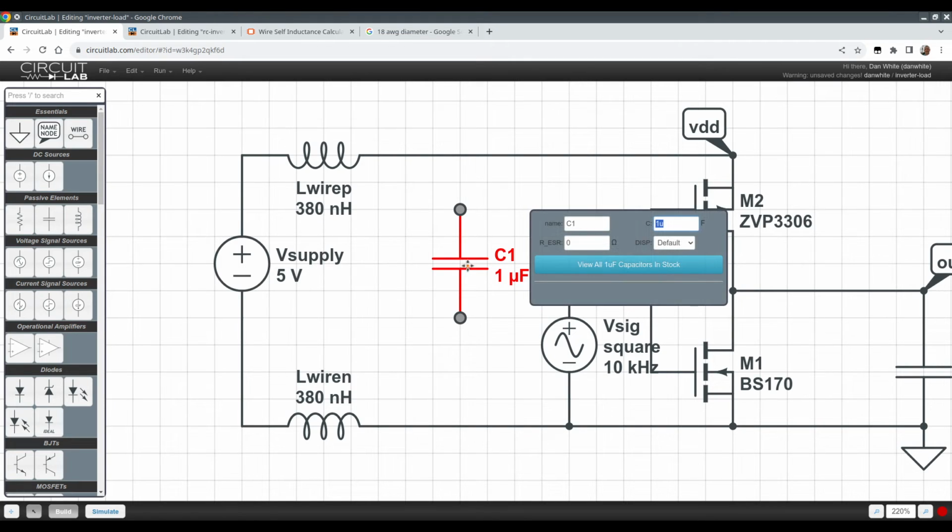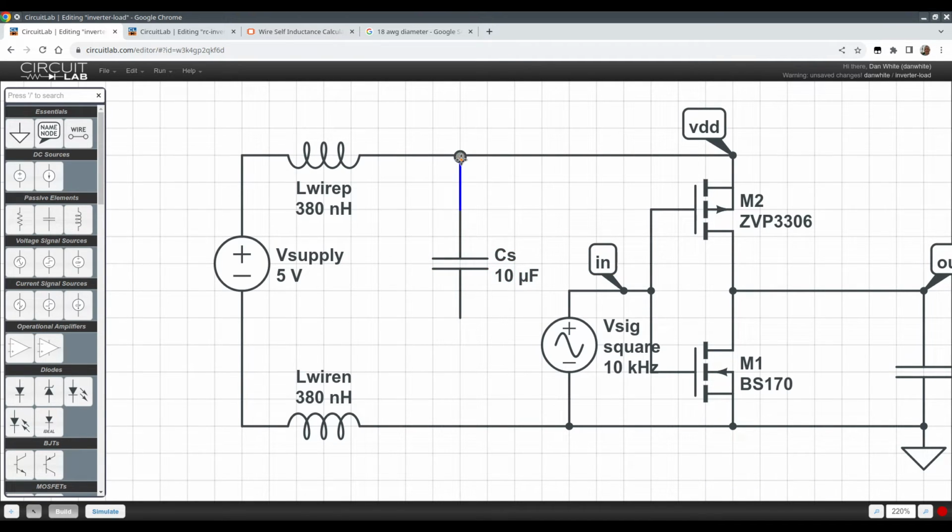And we called this the CS. Remember, this capacitor is very close to the inverter, and the long wire is going back to the power supply. In the circuit simulator, we have to be really careful where the node is. I'm going to go back to simulate.